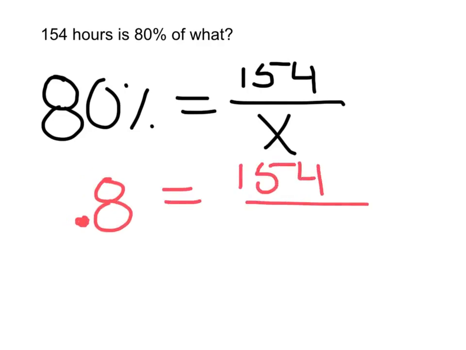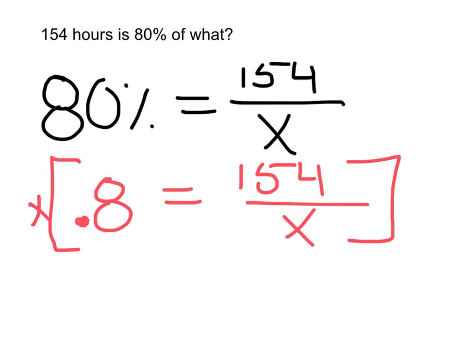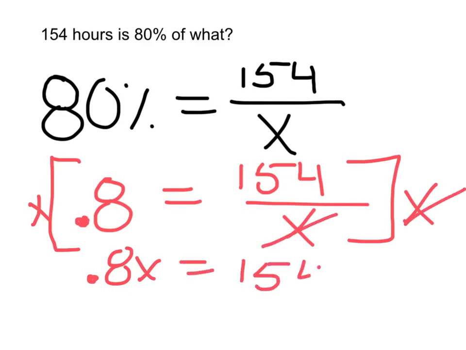154 over x. Now, to find our answer, we have to get x by itself. To get that x by itself, we need to do the inverse operation. So we're going to multiply both sides by x to get it at the denominator. So 0.8x equals, cross out the x's, 154.